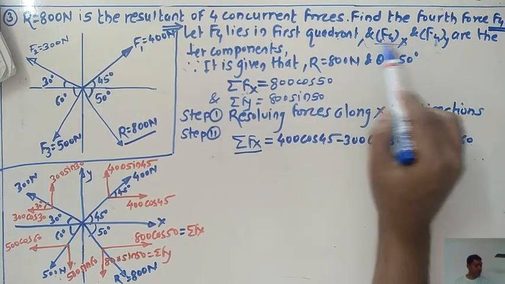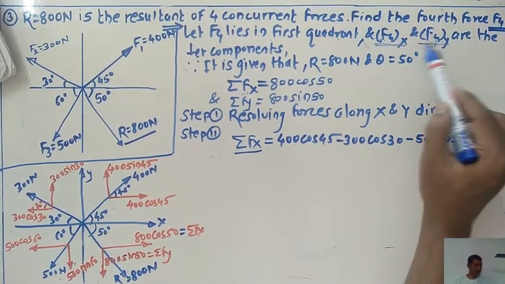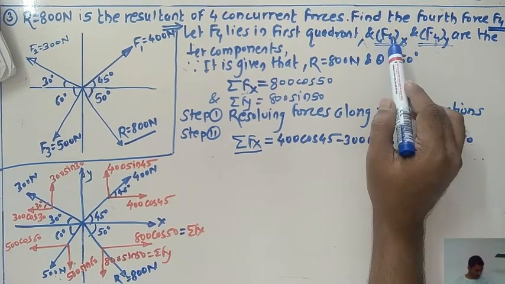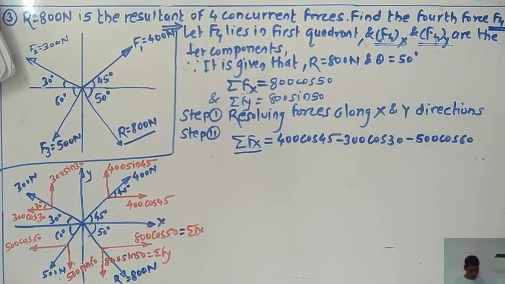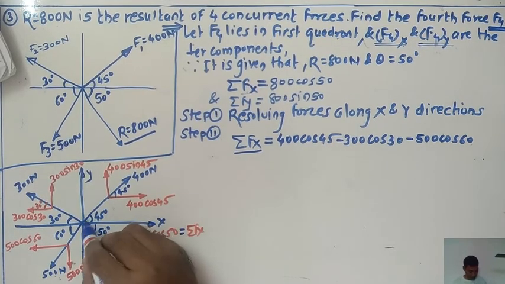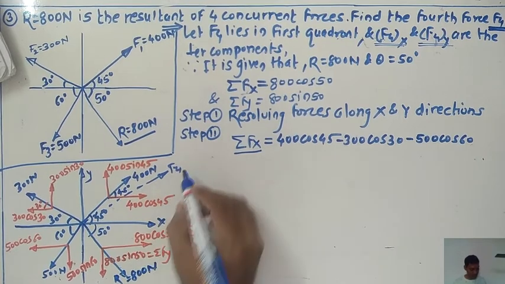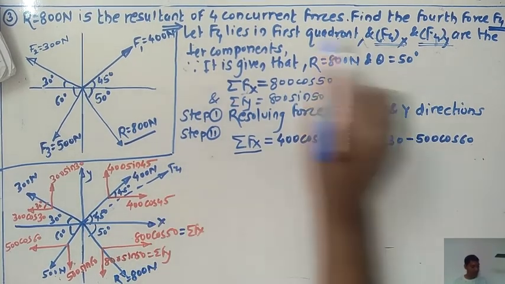F4x and F4y are its perpendicular components. So consider this force F4 lying in the first quadrant, as per the first line written here.